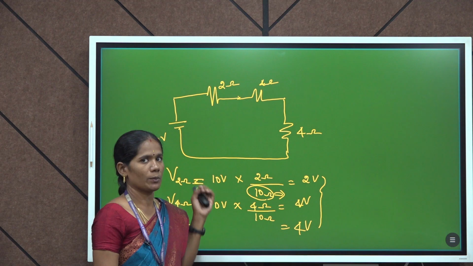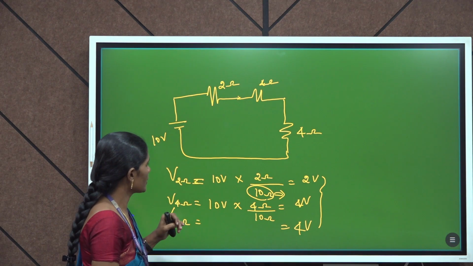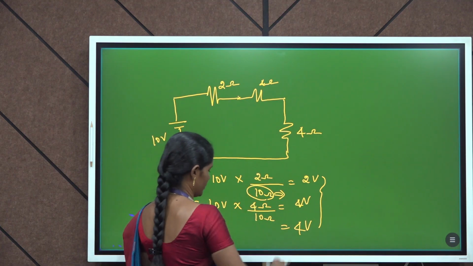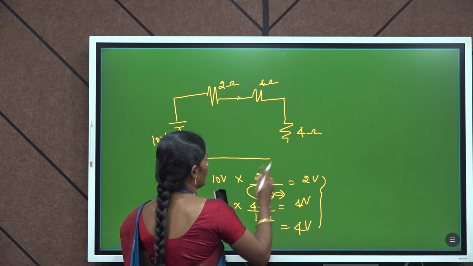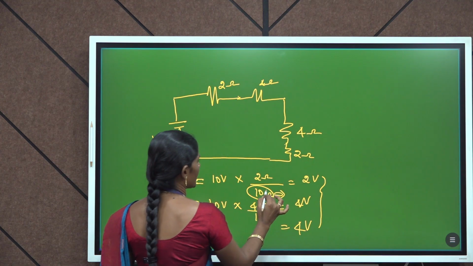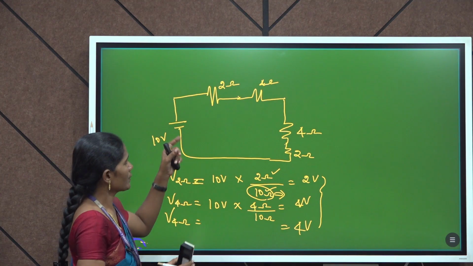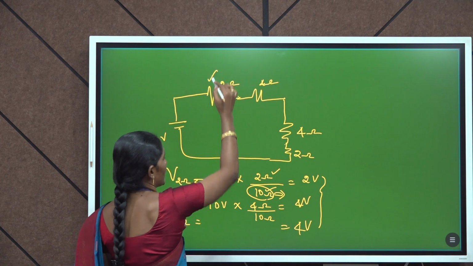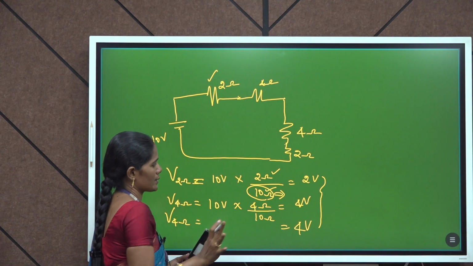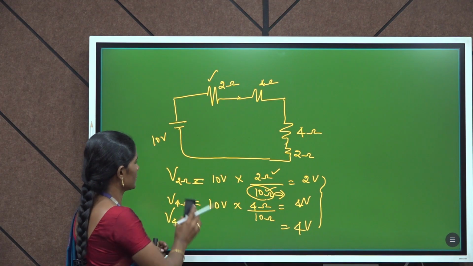The addition of n number of resistances will also give the correct result in the voltage division rule. We can add a fourth resistance also here. Only the total resistance varies, and the same resistance keeps its original value. So, the addition of resistances does not affect our original rule.